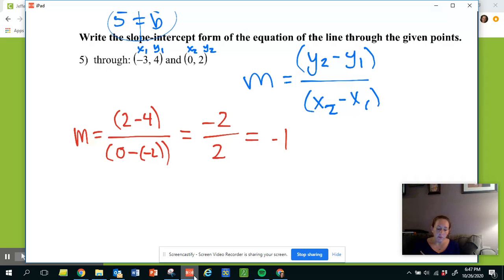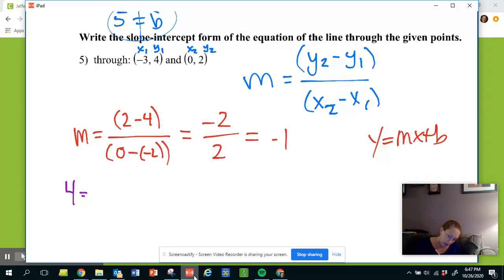So now it becomes a problem just like the one up there. I'm going to plug in to y equals mx plus b. It does not matter which point you choose. You can choose either one, and it'll still work. I'll just go with the first one.